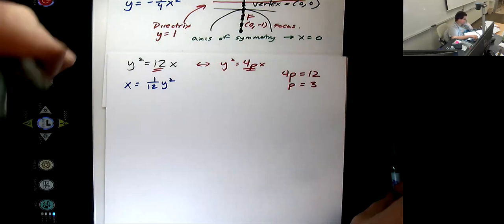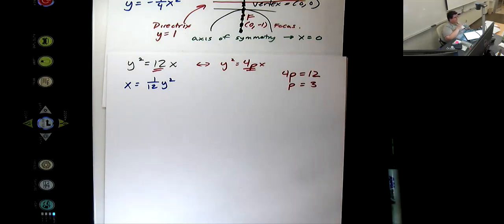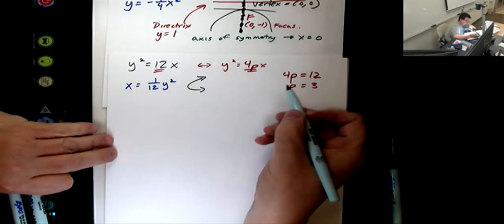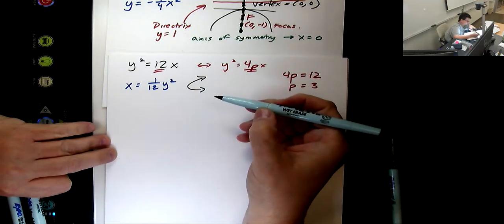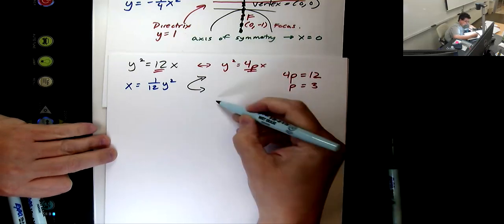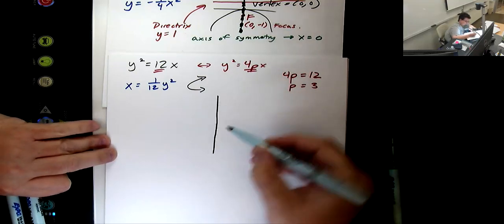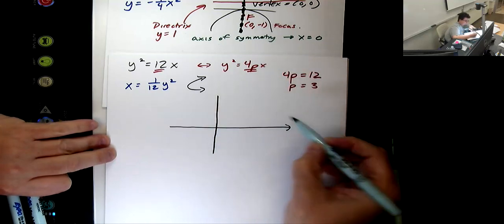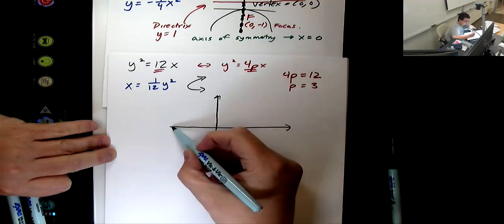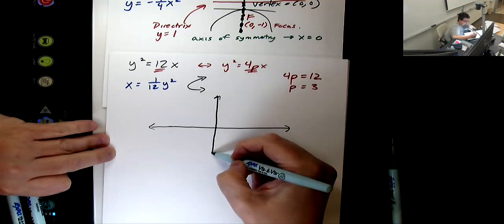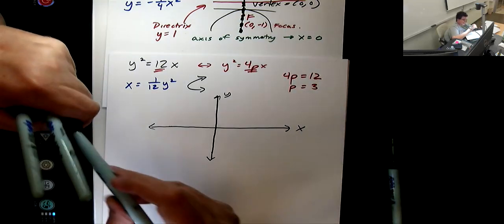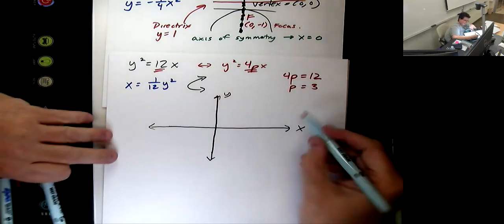Which is a parabola that opens which direction? It goes to the right. Which means the axis of symmetry is the x-axis.